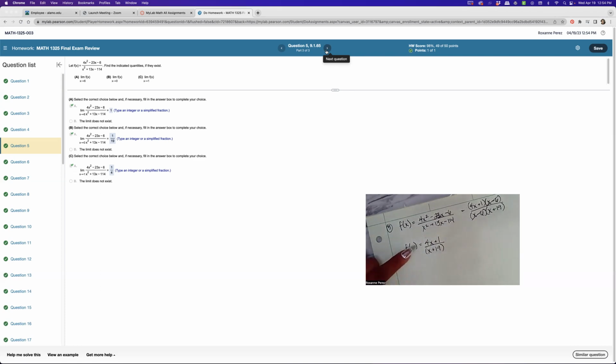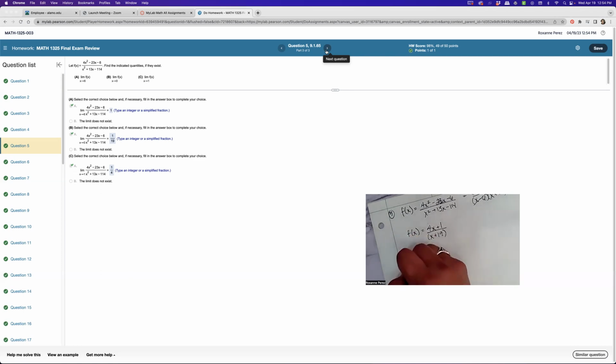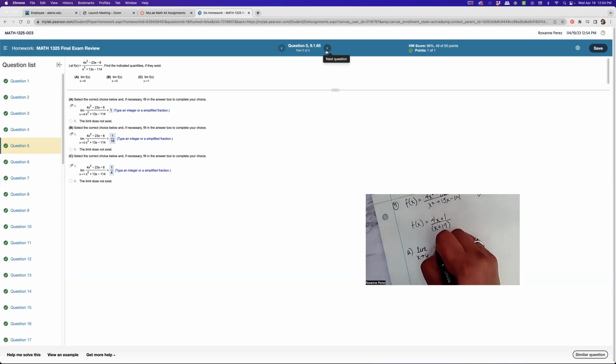Okay, and that's what we're going to use to evaluate our limits in parts A, B, and C. So for A, we're evaluating the limit as x approaches 6. So that's going to give us 4 times 6 plus 1 divided by 6 plus 19.